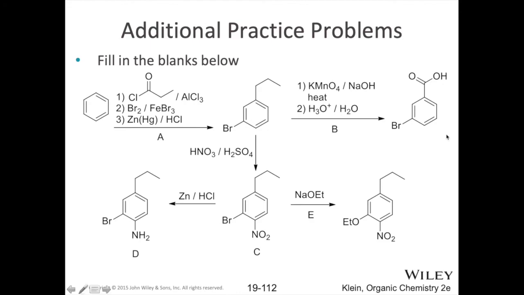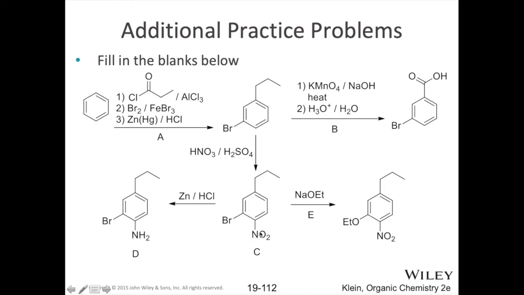This ethoxide is a nucleophile, right? So we could use sodium ethoxide here as our nucleophile. We do have a nitro group. Notice that this molecule meets all three requirements for nucleophilic aromatic substitution. We have a strongly deactivating nitro group, we have a good leaving group here in this bromine, and notice that the nitro group is ortho to the bromine.